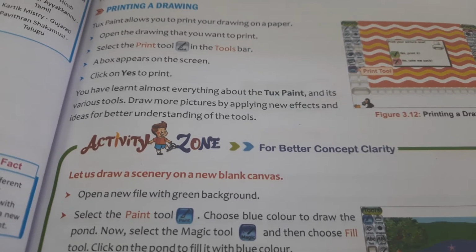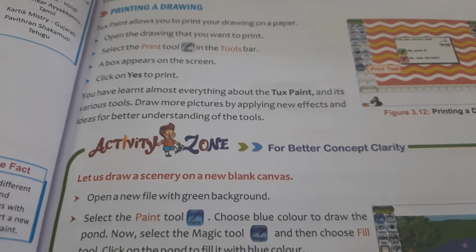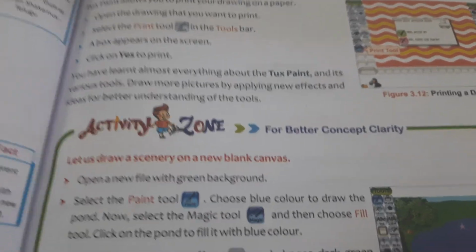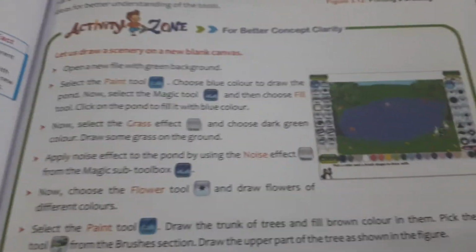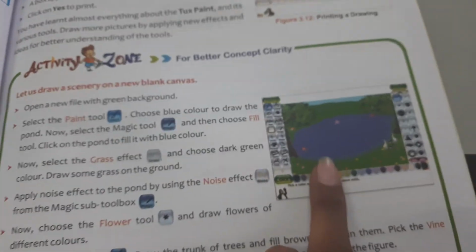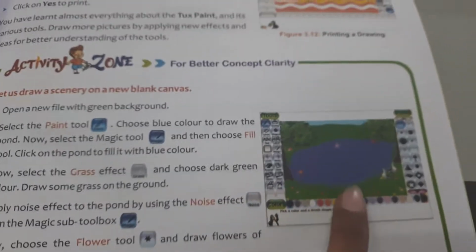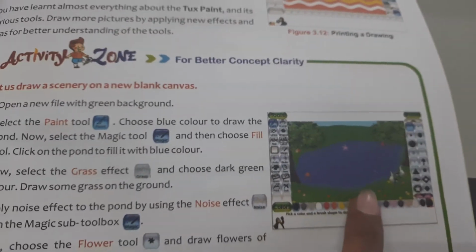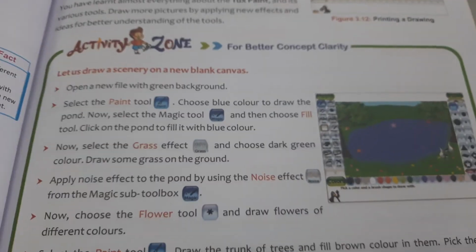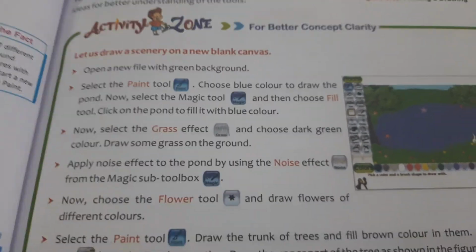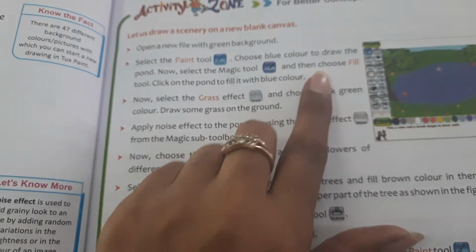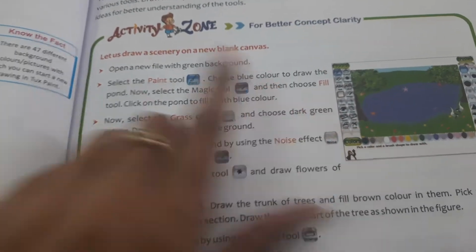So draw more pictures by applying the new effects and ideas for better understanding of the tools. Okay, so you can also draw this type of scenery. Using TextPaint, you can draw this type of scenery or any scenery or any pictures that you want to draw. So I will tell you how to draw this type of scenery.